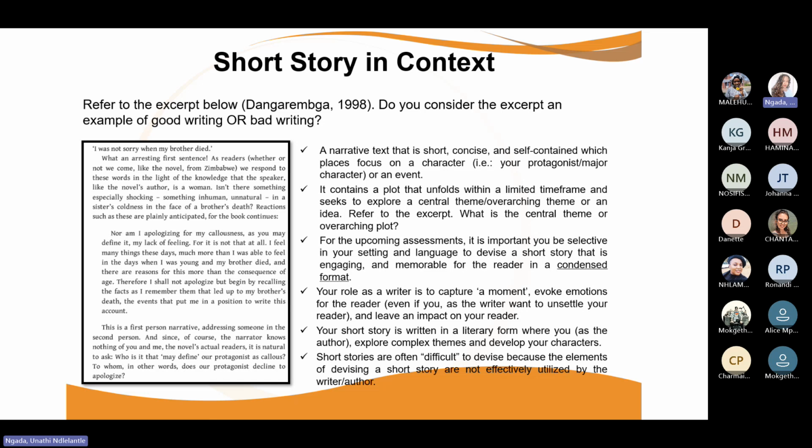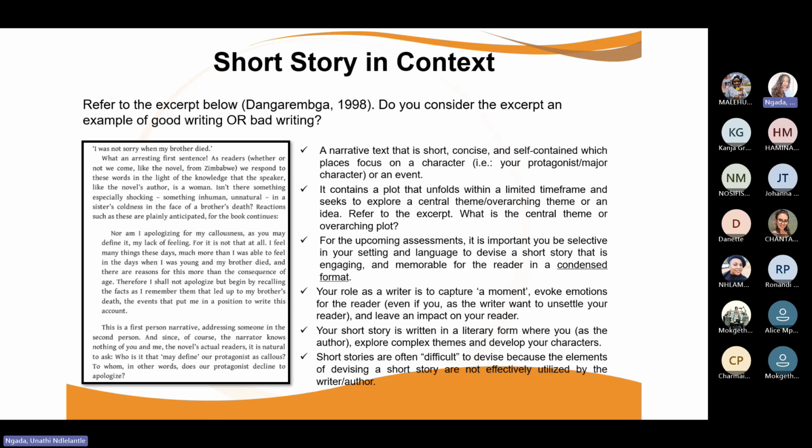If you haven't heard about this novel, or if you find yourself curious and wanting to engage with this narrative text, I really want to encourage you to look it up and read up information on this novel. Why is it such a prolific novel when it comes to literature as a whole, and also African literature.